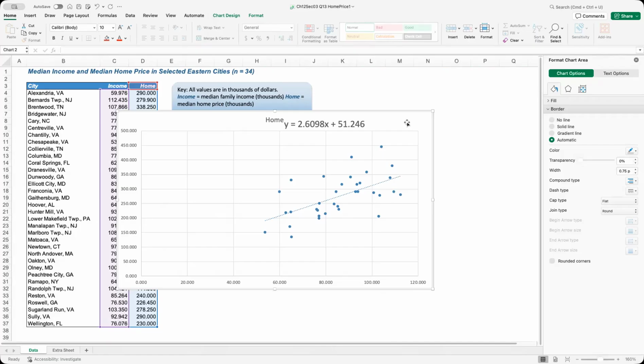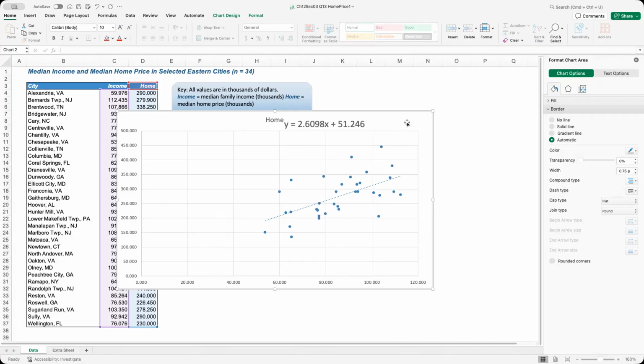What does the 51.246 mean? Y-intercept. Geometrically, yes, it's our y-intercept. What would it represent in this scenario? Doesn't it represent the lowest, would it be income?